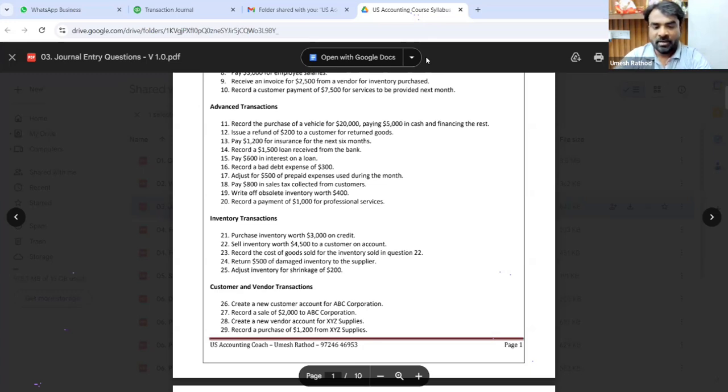Then adjust for 500 of prepaid expense used during the month. Before, whenever we make prepaid expense, we debit prepaid expense and credit bank account. But now it is saying adjust for 500 of prepaid expense used during the month.